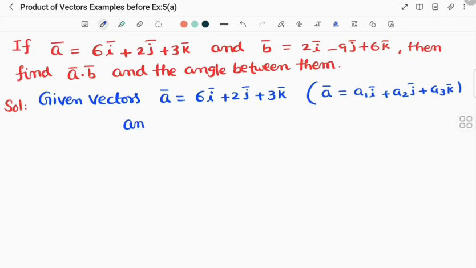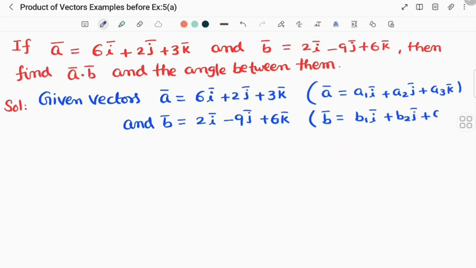I am writing this just for your understanding purpose, in the exam there is no need to write it. And the second vector B bar equal to 2i minus 9j plus 6k. So B bar equal to B1i plus B2j plus B3k. So they are asking to find the dot product of two vectors.